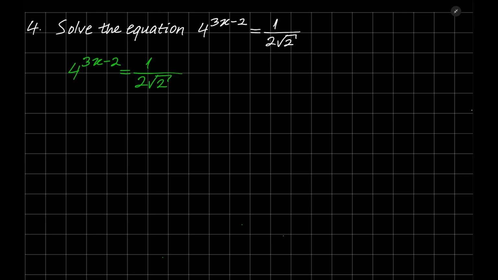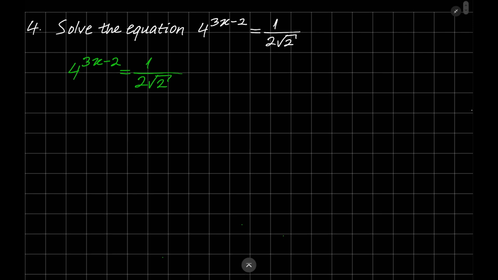First, let's get rid of the thirds. Then squaring both sides means 4 to the power of 6x minus 4 is equal to 1 over 2 squared times 2.